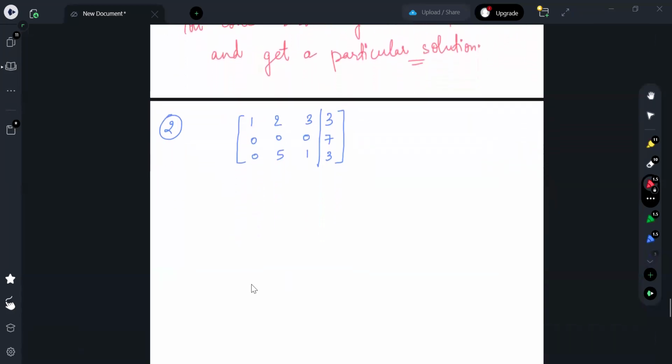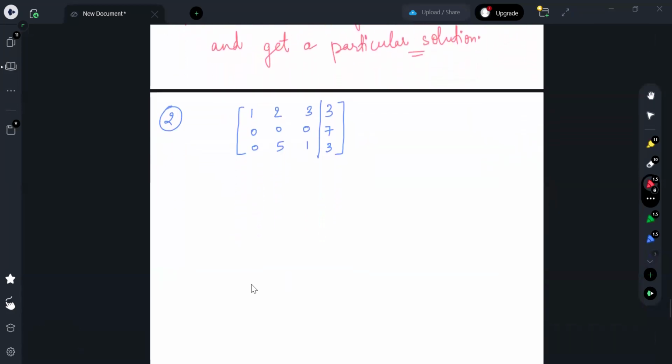So what if they give you a row echelon form of an augmented matrix corresponding to a linear system of equations, and you come across a row that looks like this. Now I want to put your focus on row 2 of this matrix. You see what is happening here?